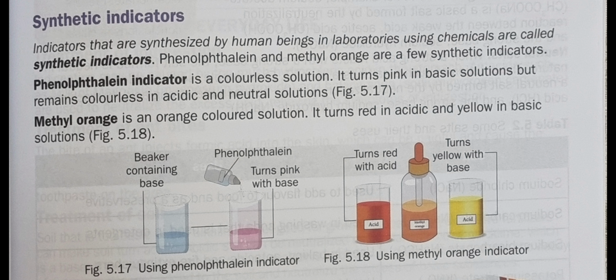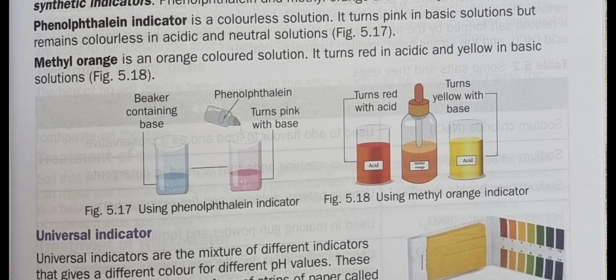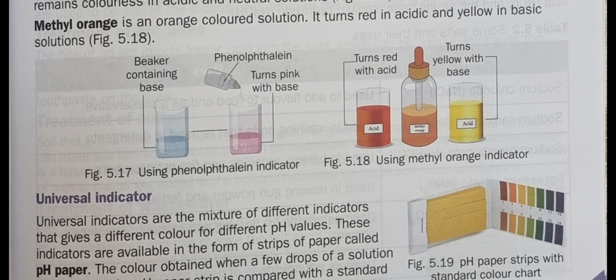Phenolphthalein indicator is a colorless solution. It turns pink in basic solution but remains colorless in acidic and neutral solution. And methyl orange is an orange colored solution. It turns red in acids and yellow in basic solutions. So these are the synthetic indicators.